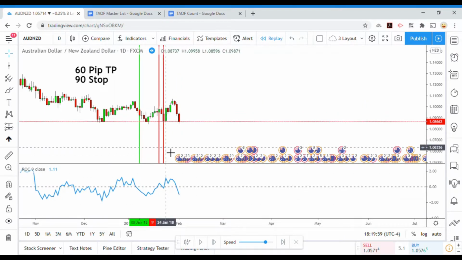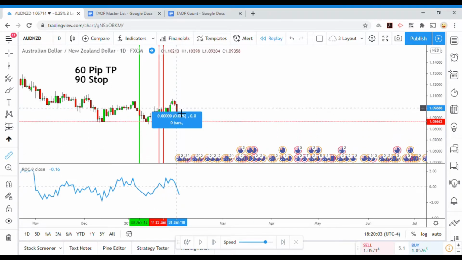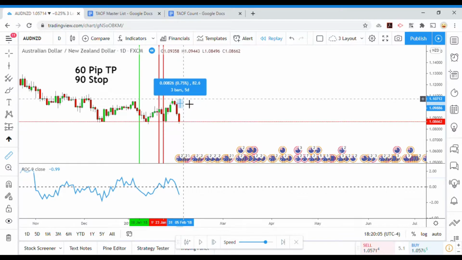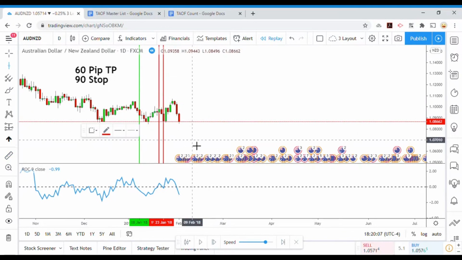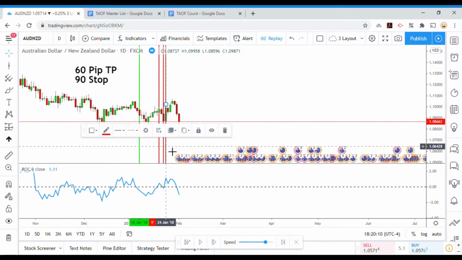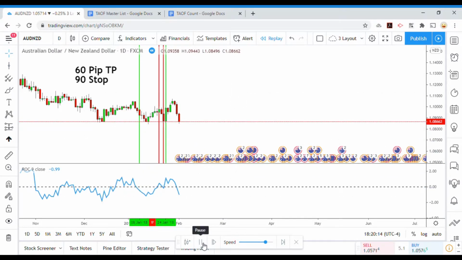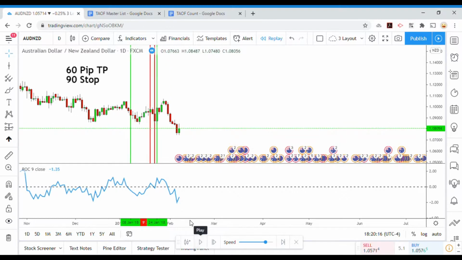Then we got this one here, and it does look like we got the 60 pips that we were looking for there. So that is going to be a winner. And we definitely got the 60 pips on this one. And so that one is also going to be a winner.